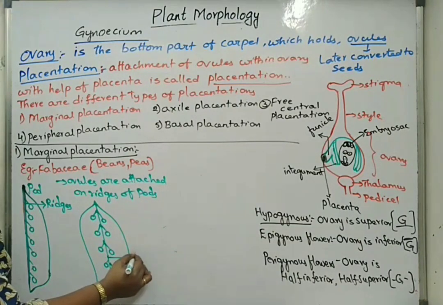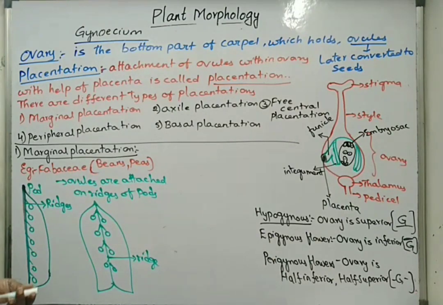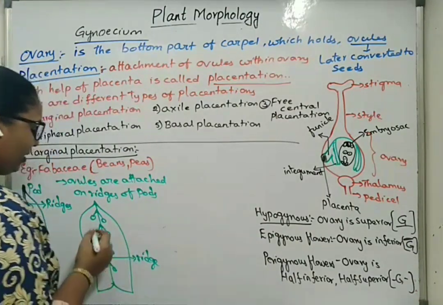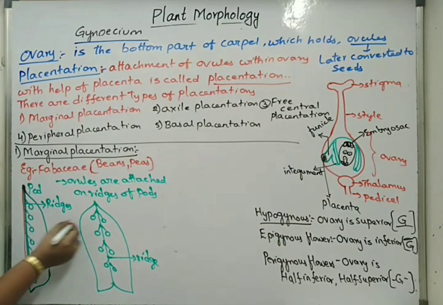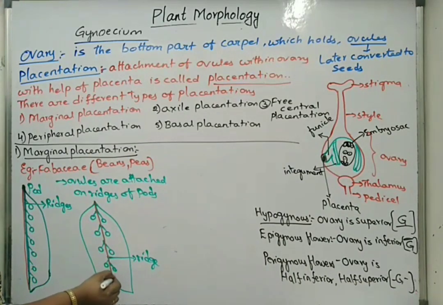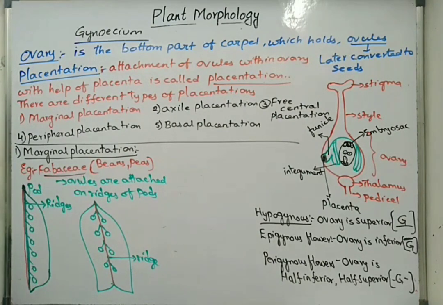So we can say the middle one is a ridge. These are somewhat longitudinal, fleshy structures. So when this is one margin-like structure, it is said to be marginal placentation. In which types of plants can we see this? Fabaceae members.